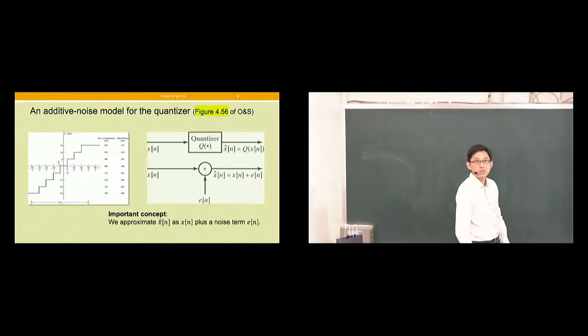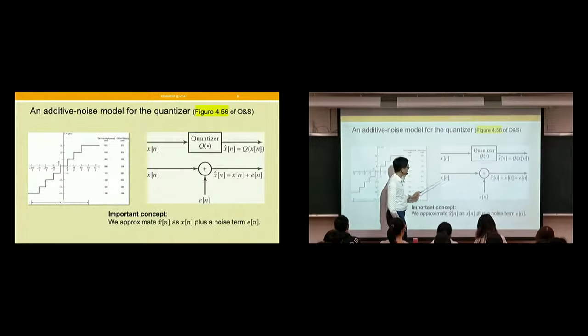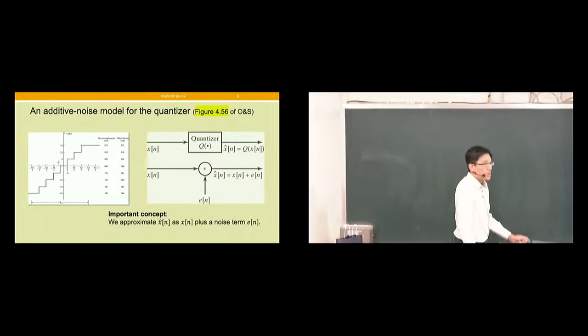My intention is this: we approximate x as the original signal plus a noise term or error term, because your error turns out, as we'll later see, to look like noise.